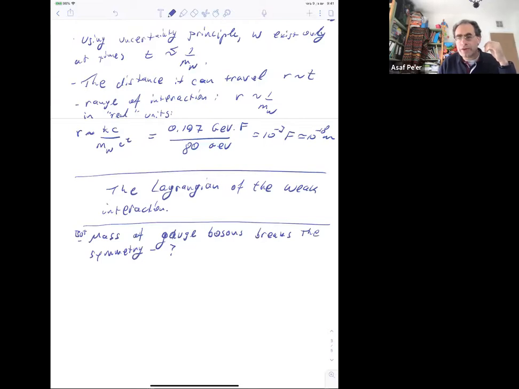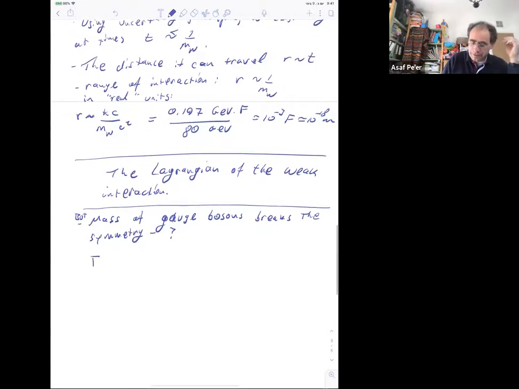And then next week, I'm going to show you what's known as the BEH, the Brout, Englert, and Higgs mechanism, to get the mass without breaking the symmetry of the Lagrangian.